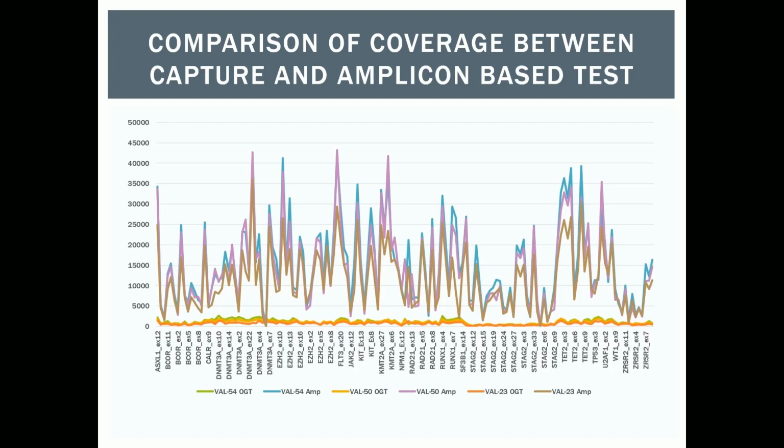You will note that there's considerable variability in the amount of coverage at different loci using the amplicon-based test compared to the SureSeq capture. So in brown, purple, and blue is the amplicon-based, and the blue, yellow, and orange is the SureSeq. Overall, the coverage is lower using the SureSeq, and this may partially reflect the fact that there were 8 samples used per batch with the amplicon-based and 12 or 16 used with the SureSeq.